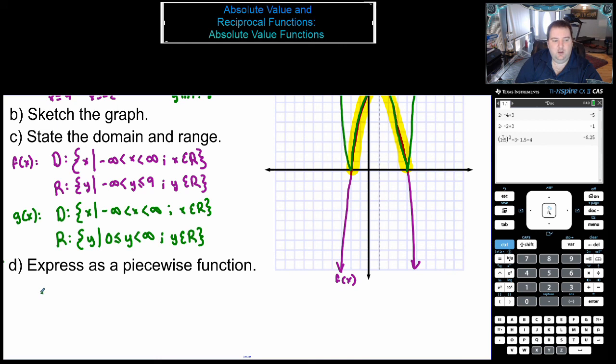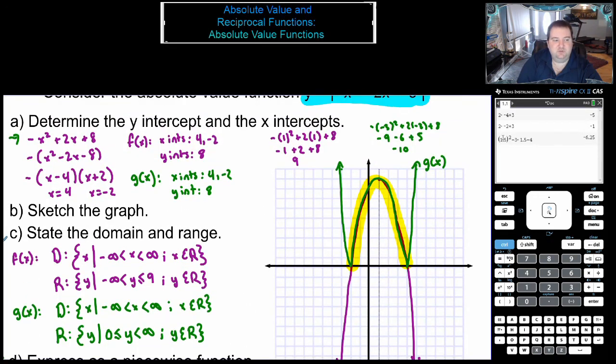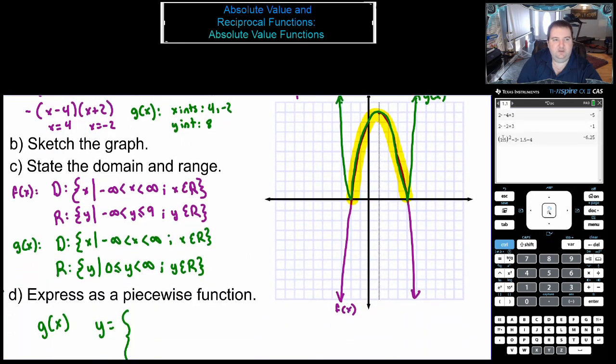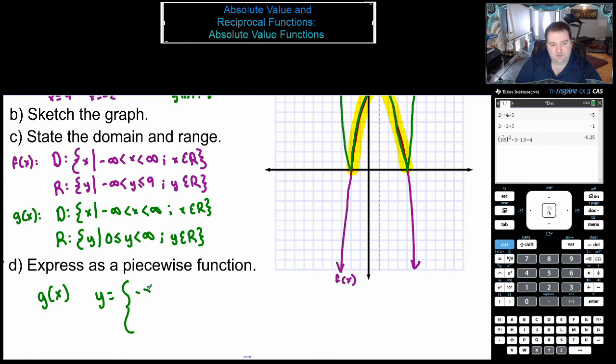So we're talking about g of x. Y is going to be equal to, and then here we're going to put our two pieces. Our first piece is our original function, right? -x² plus 2x plus 8. So we're saying that g of x is going to look like our original function, -x² plus 2x plus 8, if what?